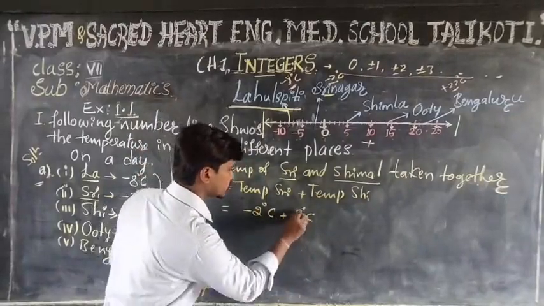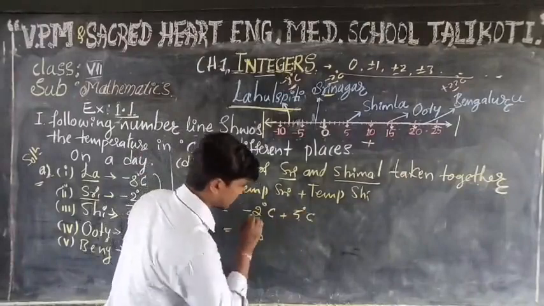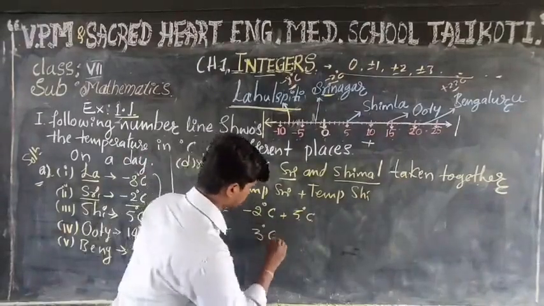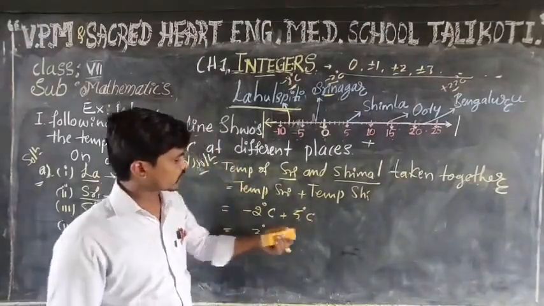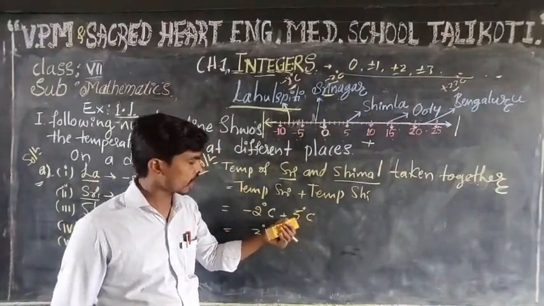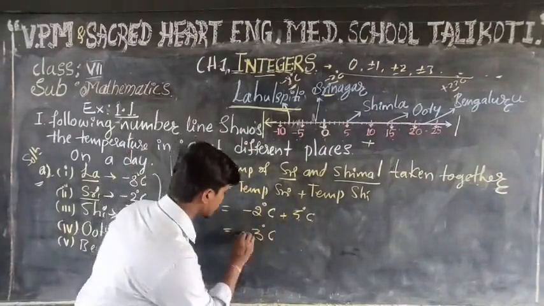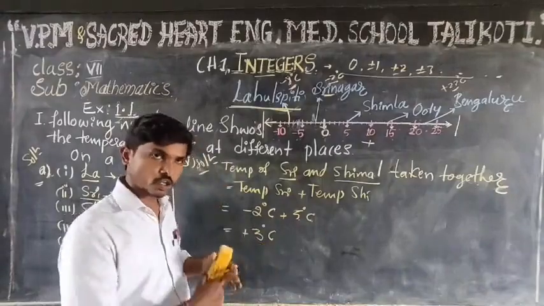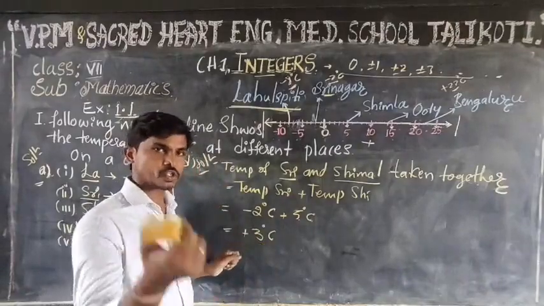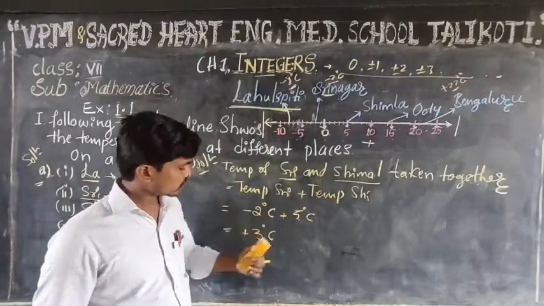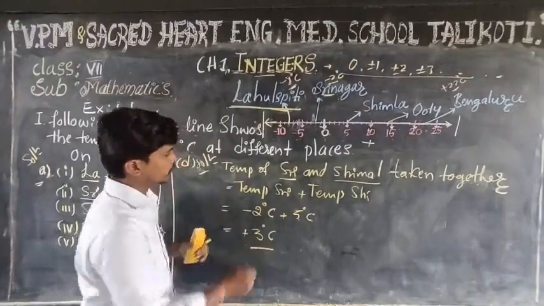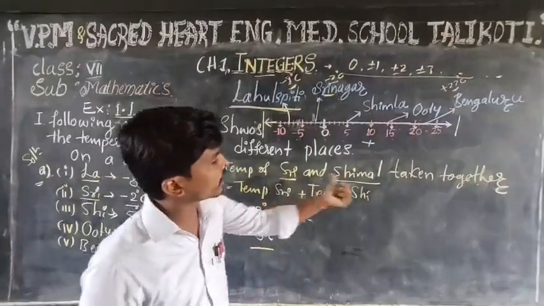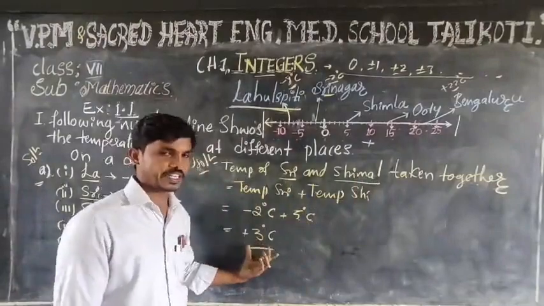Now what is the result? That is 3 degrees Celsius. And which is the bigger number here? 5 is the bigger number, the symbol having is positive sign. That's why it's plus 3 degrees Celsius. It is not necessary to write the plus sign. Yes, temperature taken together of Srinagar and Simla is plus 3 degrees Celsius.